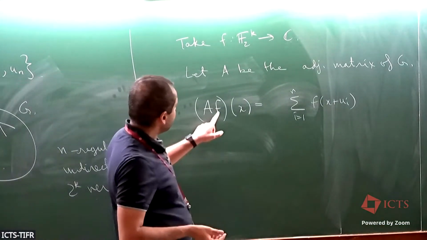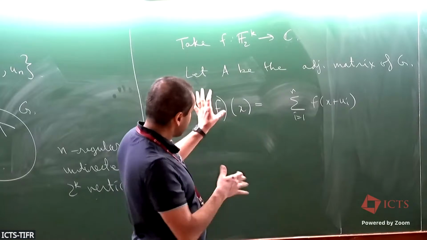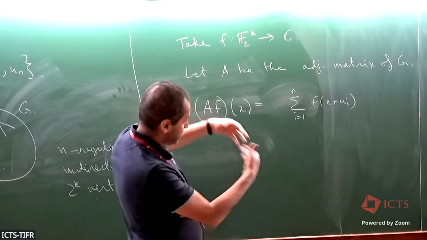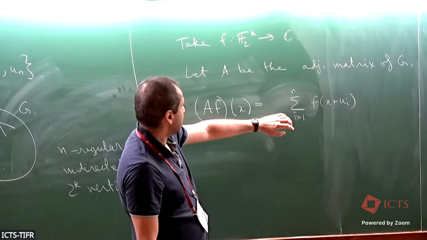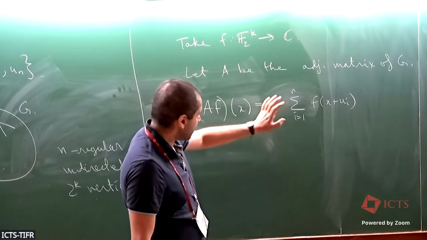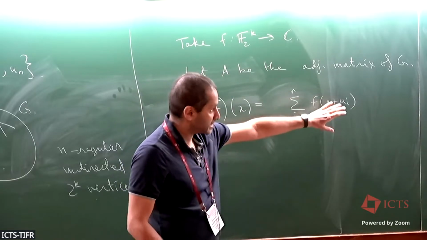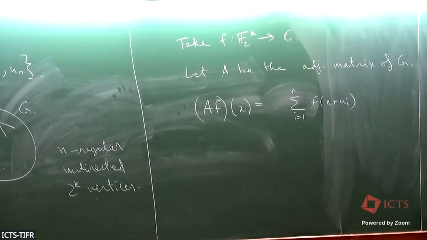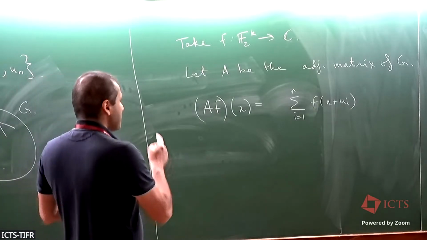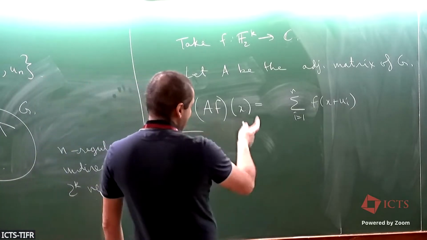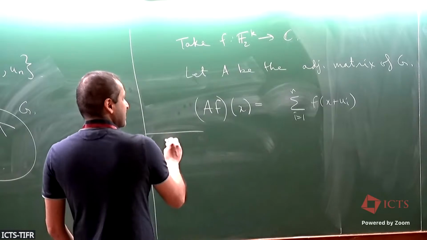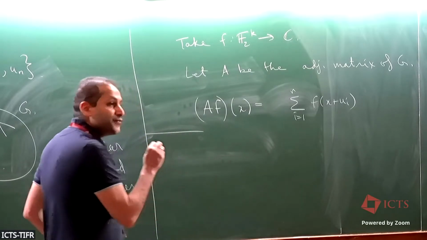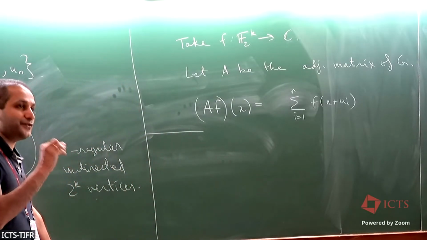Af is another function: f is a function on F2 to the k, and Af's value at a vertex x is the sum of the values of f at the neighbors of x. Okay, so now I'm going to tell you the guessed eigenvectors. I'm going to guess all the eigenvectors in one shot. These are going to be the Fourier characters of F2 to the k.